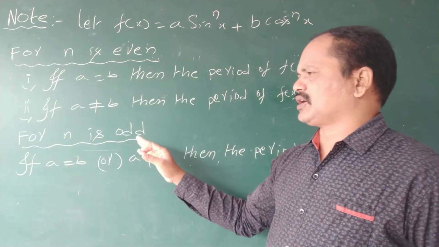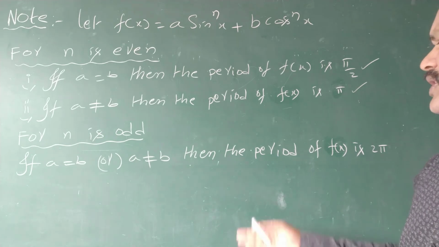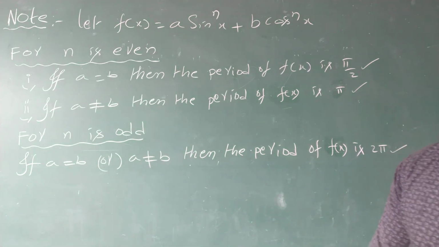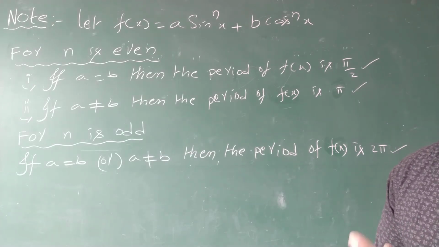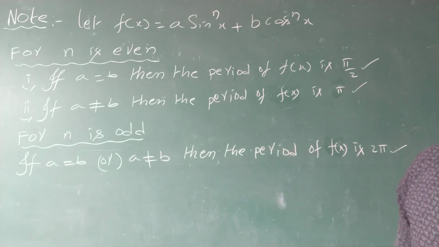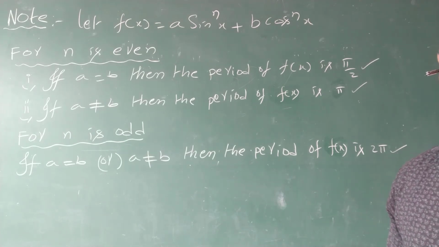For n is odd, if a is equal to b or a not equal to b, then the period of f of x is 2 pi. That's why the function does not depend upon the coefficient of sin square x and the coefficient of cos square x, that's why it is independent of a and b. So these are the important points. From these points you have to do the questions, okay, objective questions.